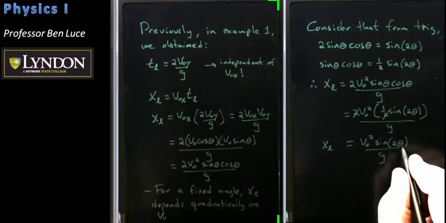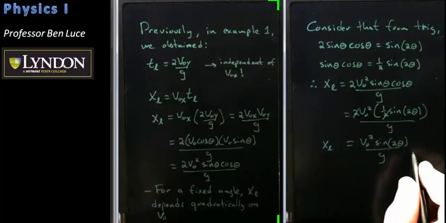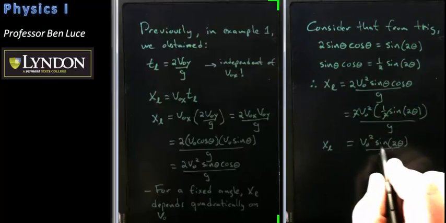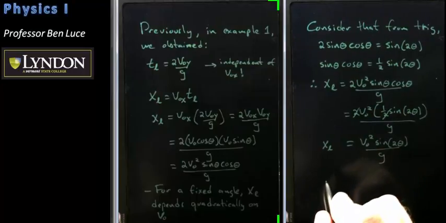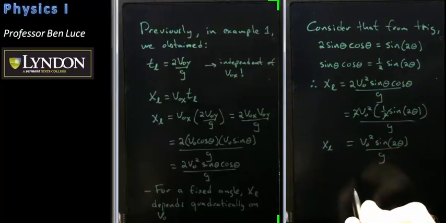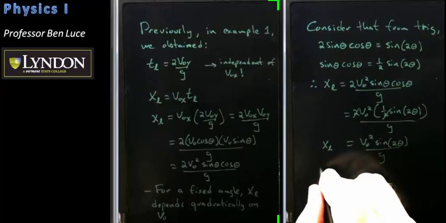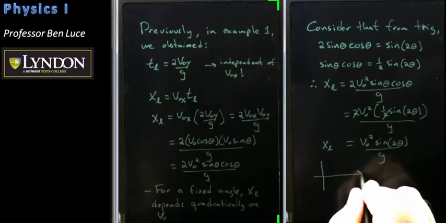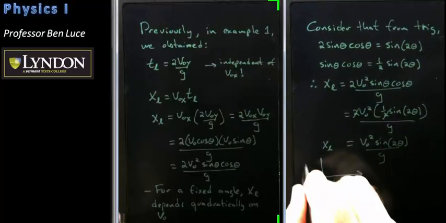Okay. Now this expression can be used to prove the following nice fact. For fixed V naught, it turns out that we'll get the greatest range at 45 degrees. Let's see why that's the case. Consider the sine function. At the moment, just consider sine of theta instead of sine of 2 theta.